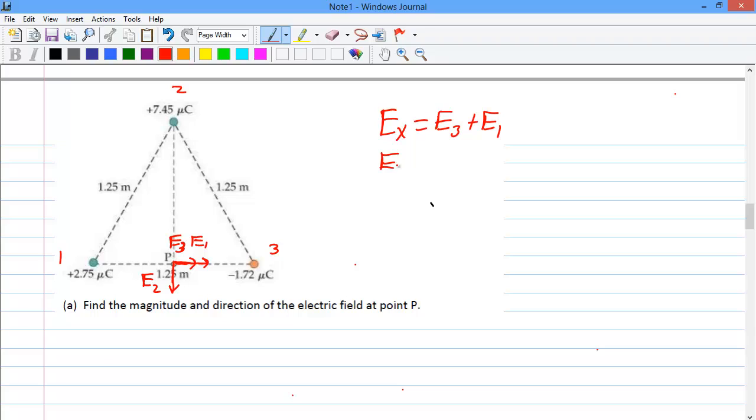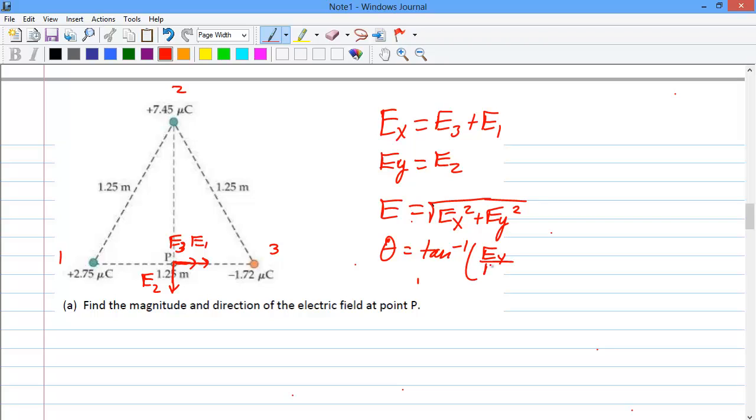I know that EY is due to E2, and it's in the negative y direction. And so using the Pythagorean theorem and the things that I know about vectors, I know that E has to equal the square root of EX squared plus EY squared. And theta has to equal the inverse tangent of EY over EX.